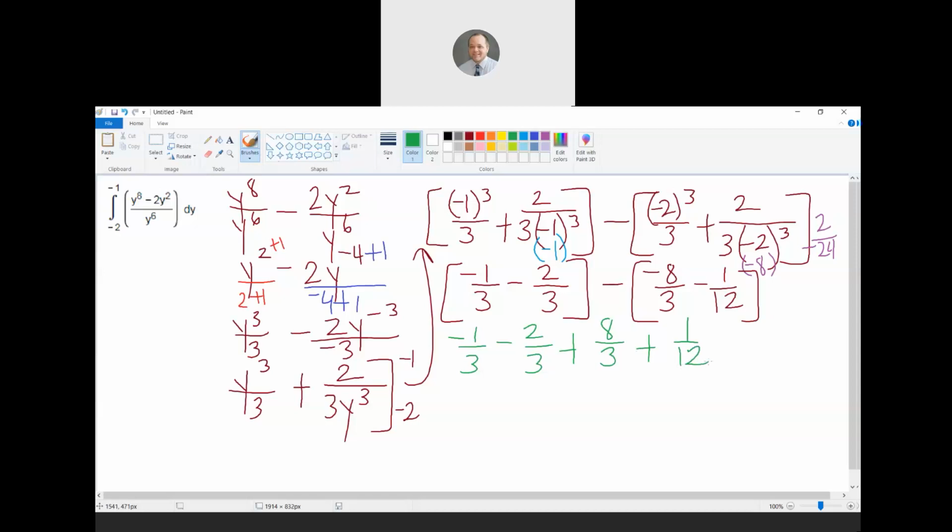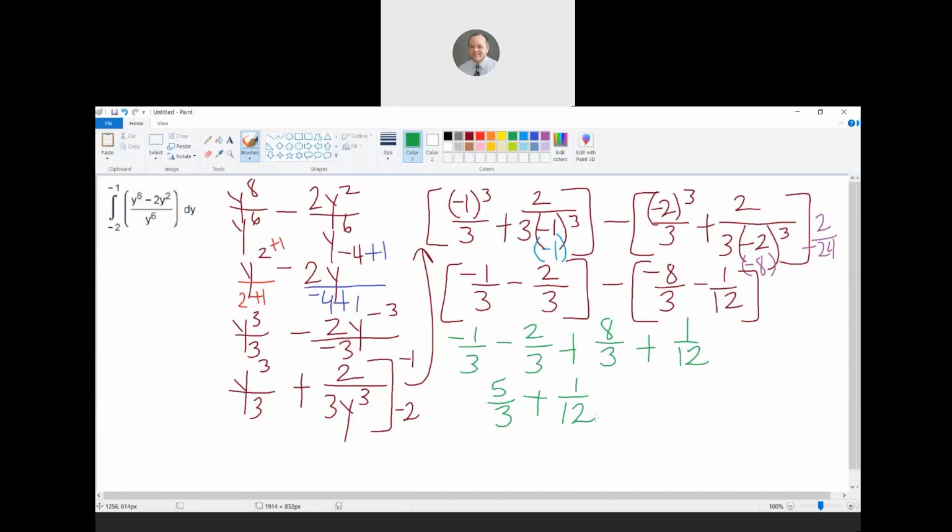Now we can combine all the thirds because they all have the same common denominator. So when we combine the numerators, that would give us +5/3 plus 1/12.